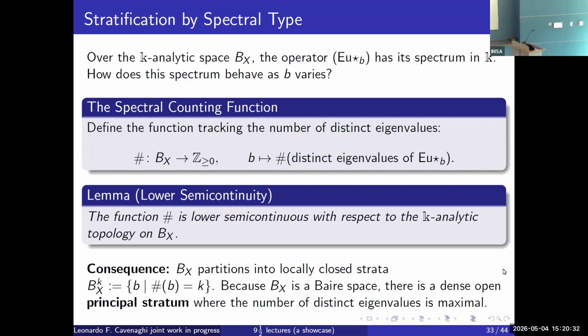And then you use the fact that you can work out the Chow space and so everything is okay. Actually, there is a dense open principal stratum where the number of distinct eigenvalues is maximal. We have to do this because these atoms, like the generalized eigenspaces, depend on the points on the parameter space where you are.